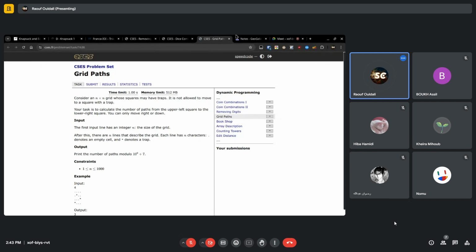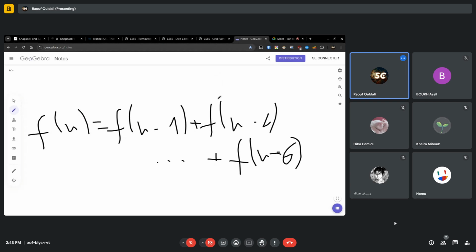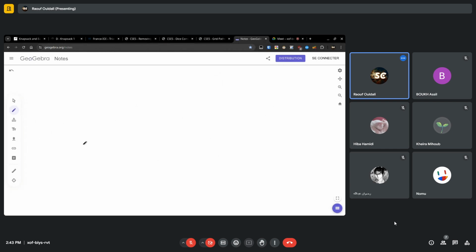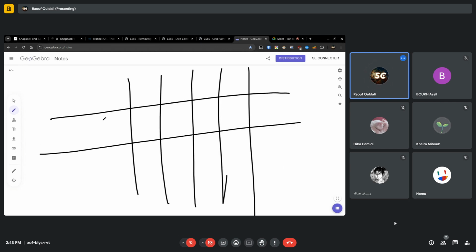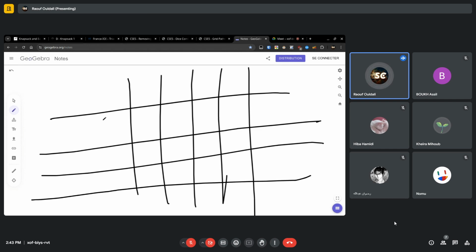So let's look at this for any point on the grid. The way to arrive to A is either to come from the top or from the left.